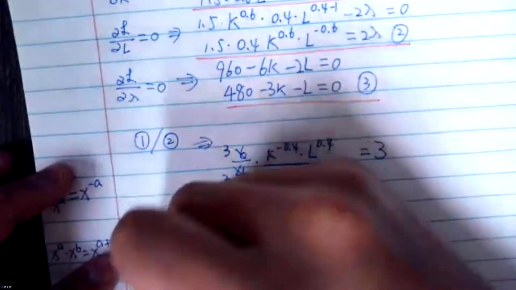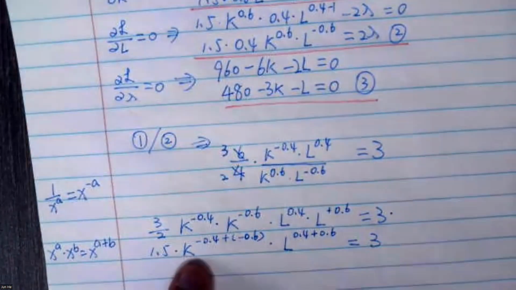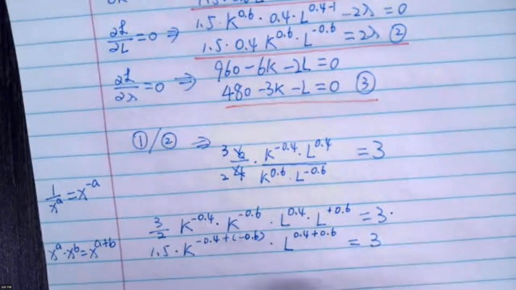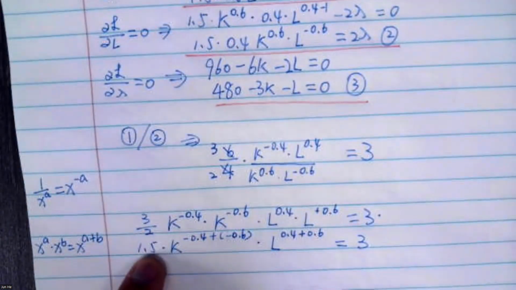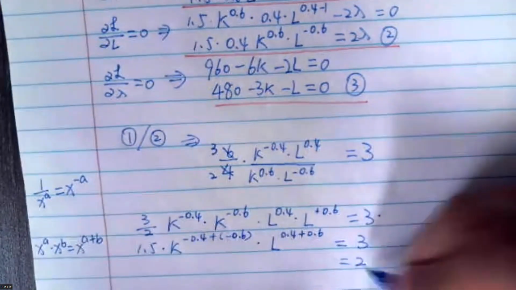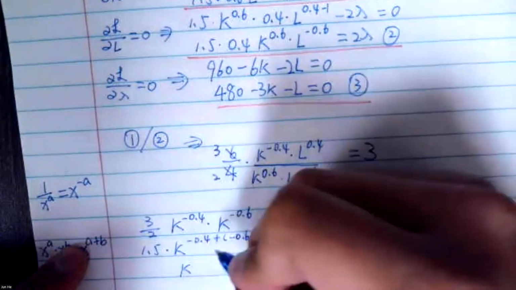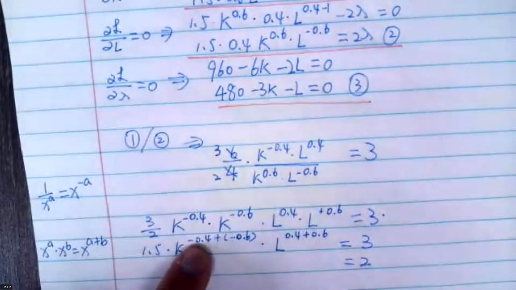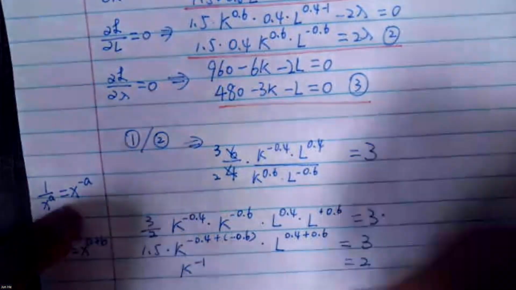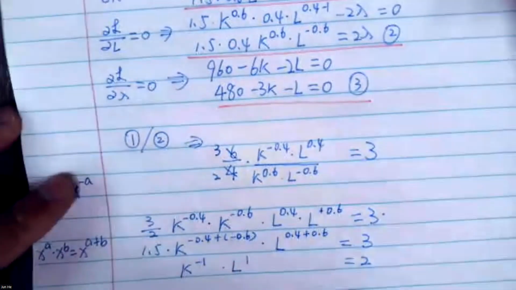Here it is 1.5 equal to 3. And this one, 3/2 is 1.5 equal to 3. And then we can divide 1.5 to both sides, and 3/1.5 equals 2. And here this one is K to the power of minus 1, since minus 0.4 minus 0.6 is minus 1, multiplied by L to the power of 1.